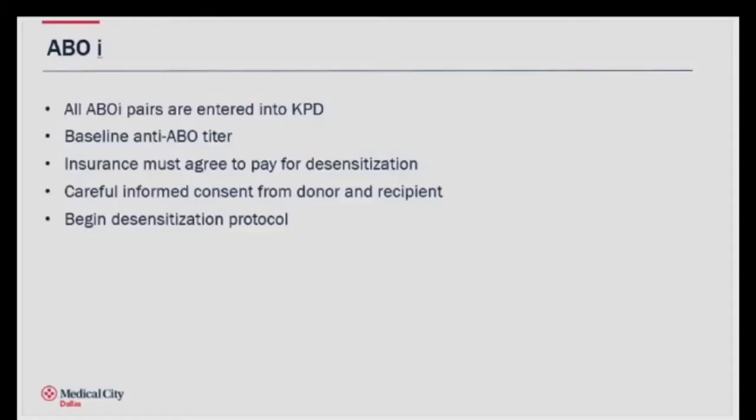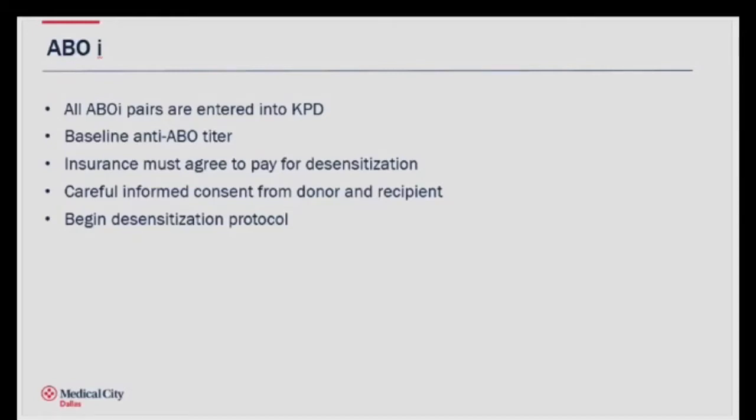The next slide summarizes the various steps in our ABO incompatible program. First, we place all of our incompatible pairs in the KPD program. Then we measure the recipient's anti-ABO titer against the incompatible donor.